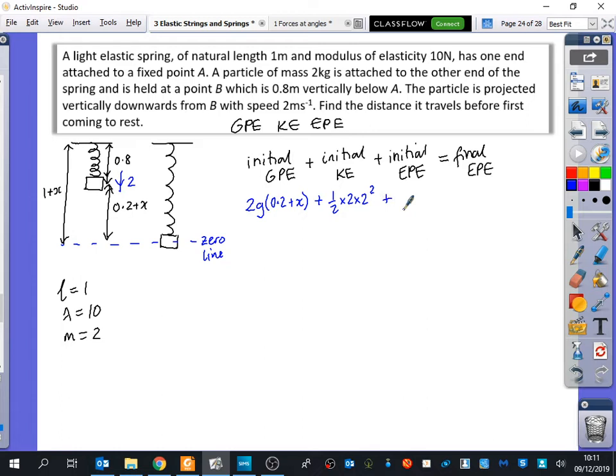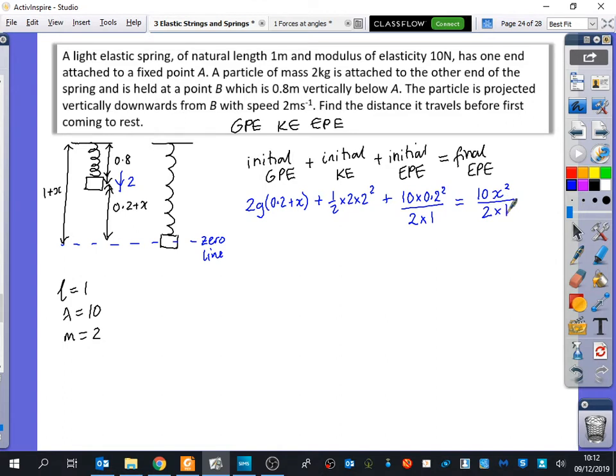And its elastic potential energy is lambda. What's the extension or the compression? 0.2. Lambda x squared over 2L equals the final elastic potential energy, lambda x squared over 2L.